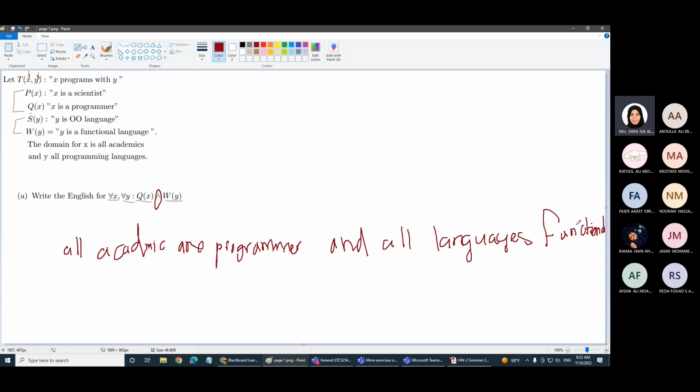The statement does not always give us a connector. If it doesn't have a connector, it's like I'm talking about two different quantifiers, and there is an and operator, or it depends. So I will put: all academics are programmers and all languages are functional. Is that clear?